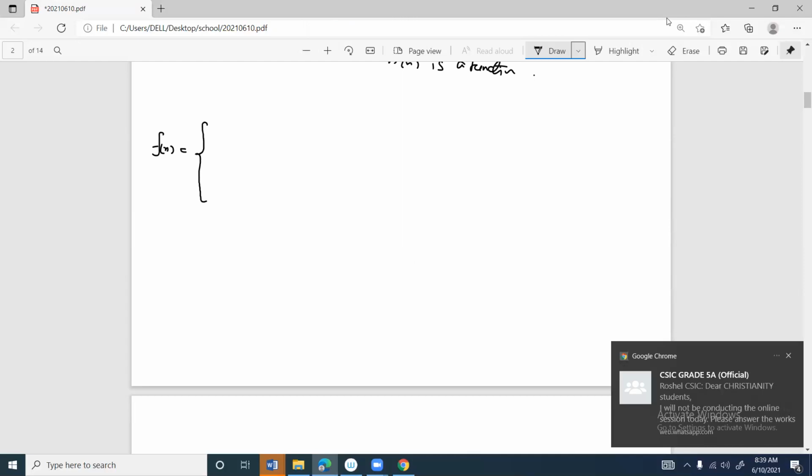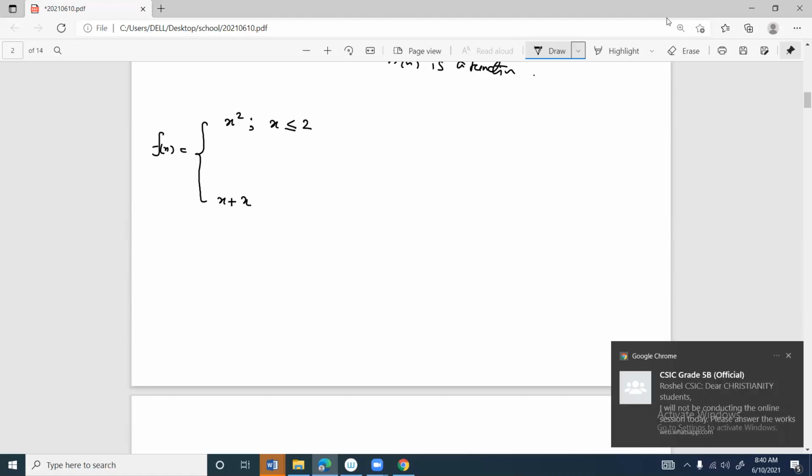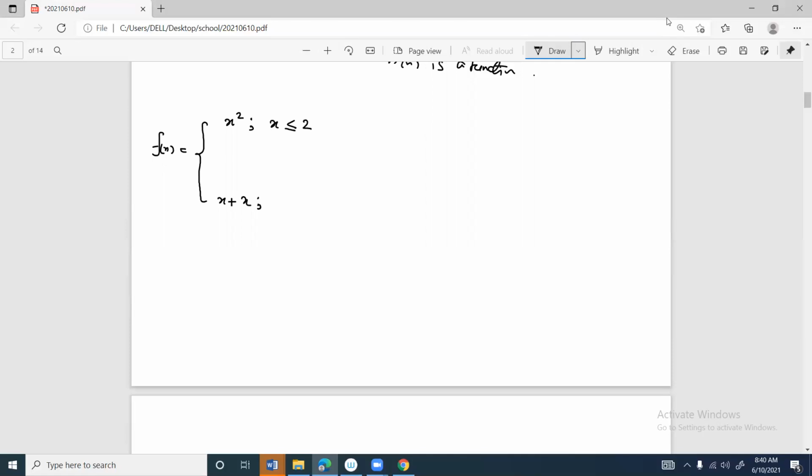This kind of function: x squared for x less than or equal to 2, and the other one is x plus 4 for x greater than 2. Okay. Initially, we will draw the graph. Part A, draw f(x).